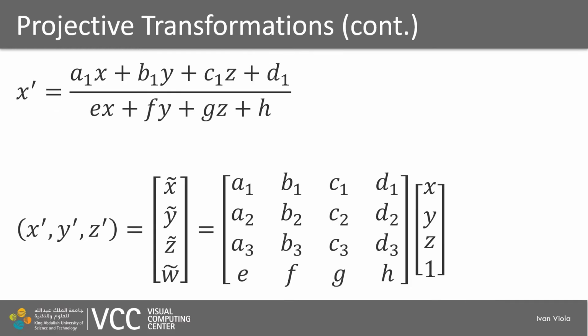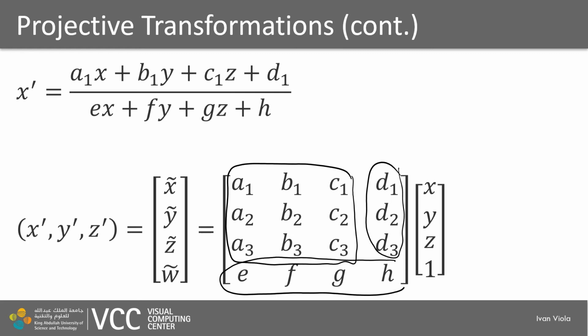So here we can see the new matrix, where we have our rotation, shear, scaling and reflection in one part of the matrix. Here we have the translation encoded in that matrix, and here we have the dividers, which can be scaled by the coordinate values of our input vector.